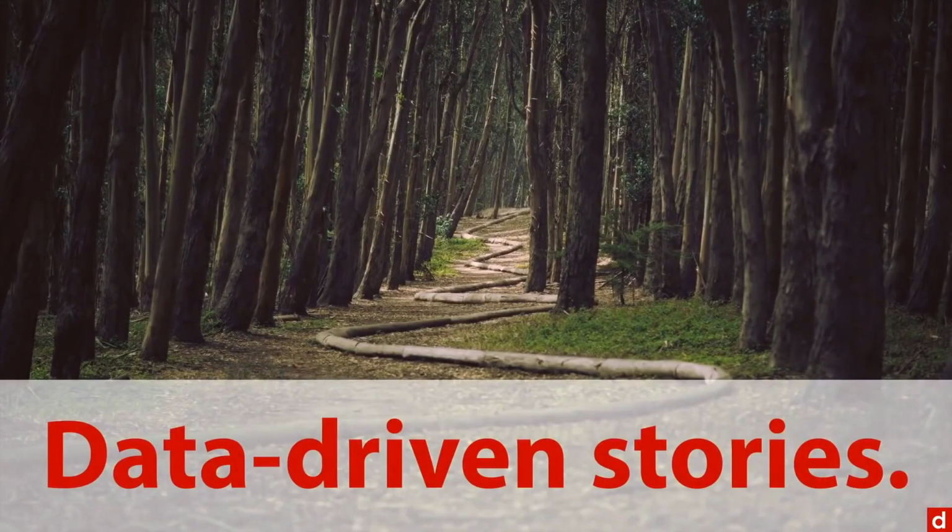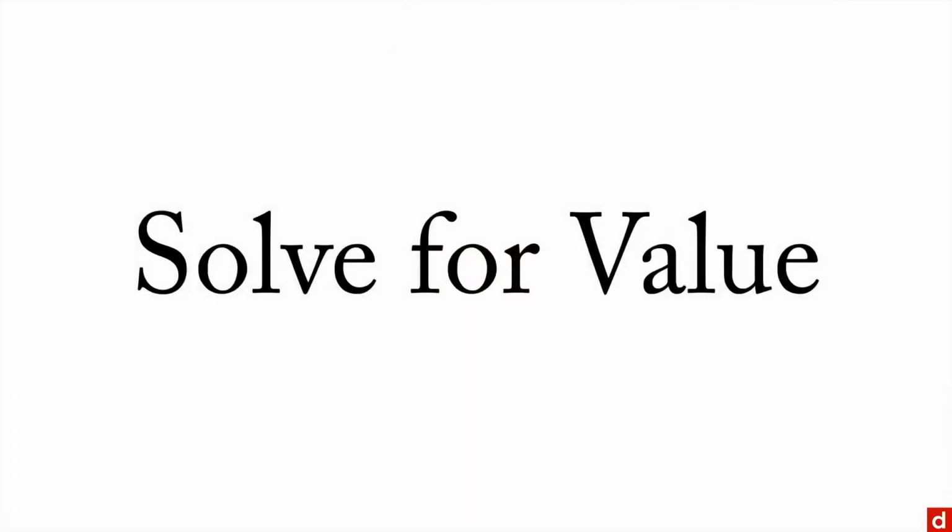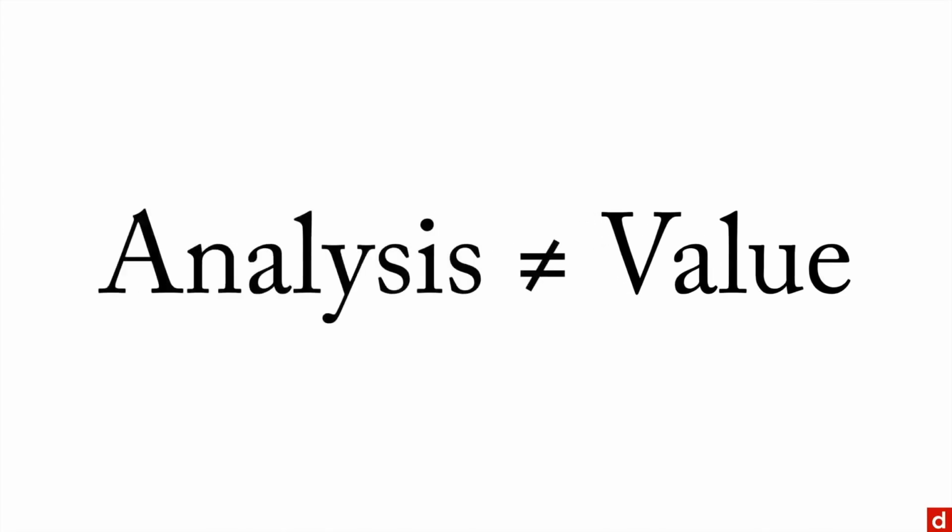Now, another way to think about this is when you're doing your analysis, what you're trying to do is solve for value. You're making an equation, you take the data, you're trying to solve for value. The trouble is this: a lot of people get hung up on analysis, but they need to remember that analysis is not the same thing as value.